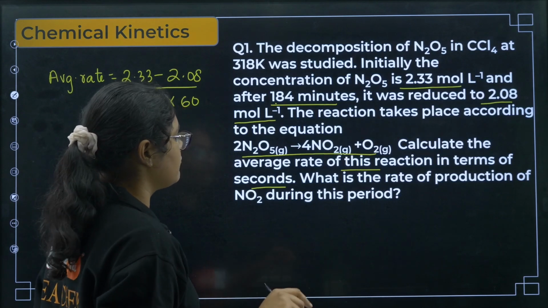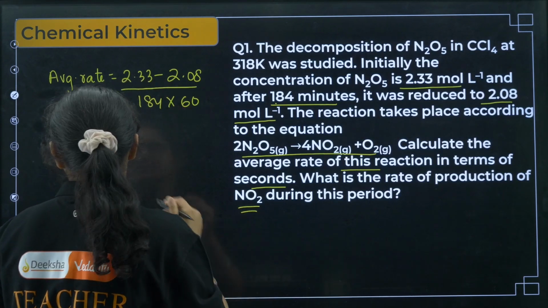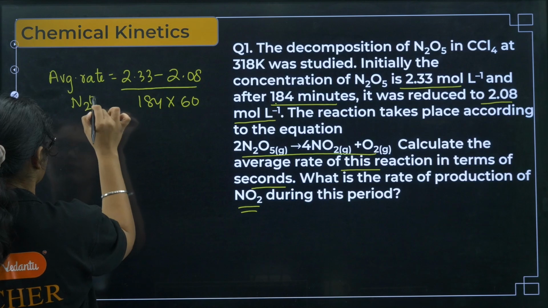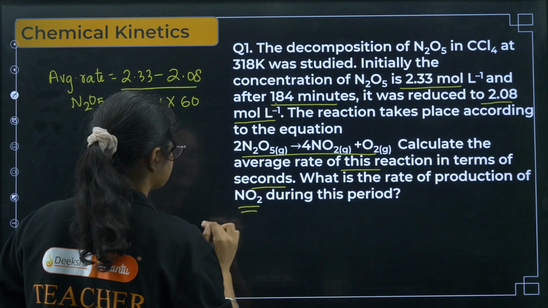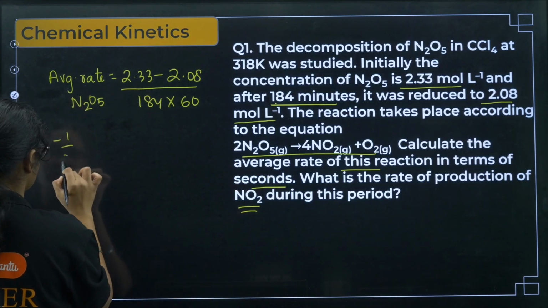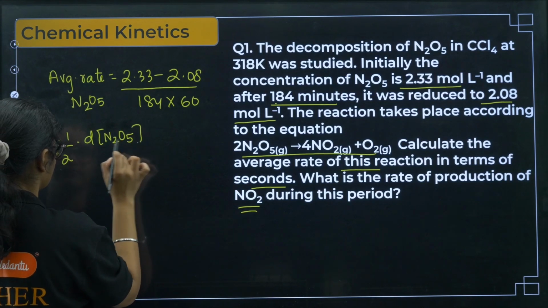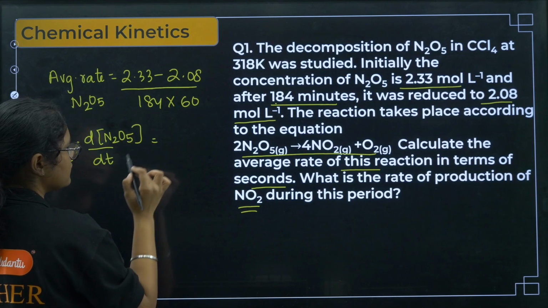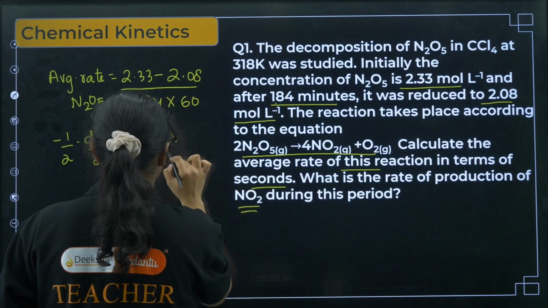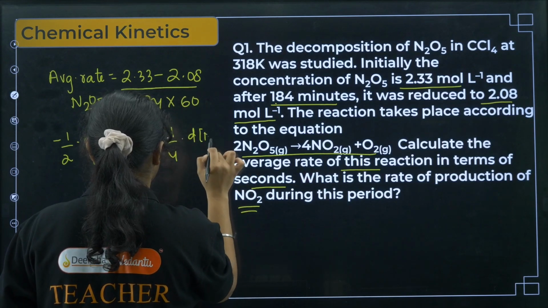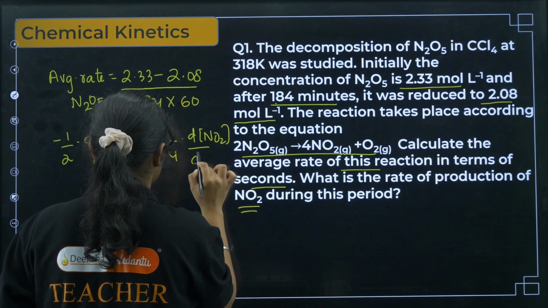Next is what is the rate of production of NO2? This is average rate of N2O5. So now if I just see this reaction, what I can write is minus 1 by 2 of d[N2O5] by dt is equal to 1 by 4 of d[NO2] by dt, right.